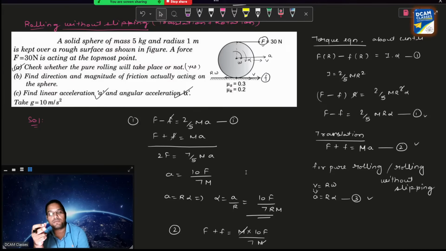If V is greater than r omega, at that point the friction force will act backward, and when V is equal to r omega, the friction force won't be there. If V is less than r omega, then the friction force will be acting forward. Friction force changes actually.